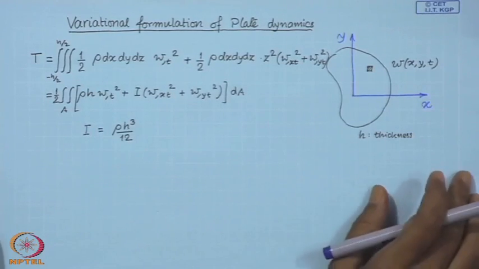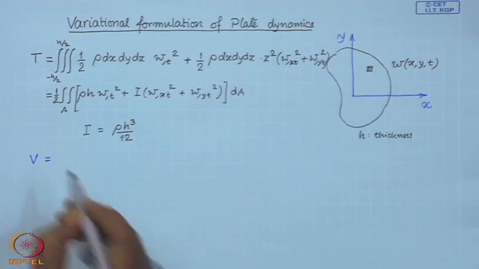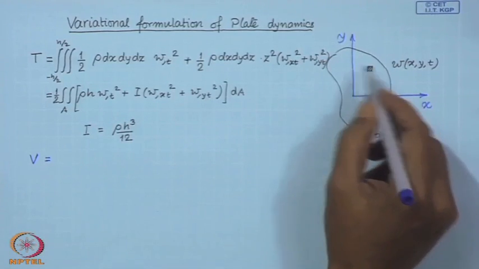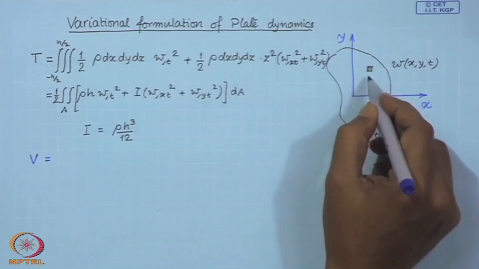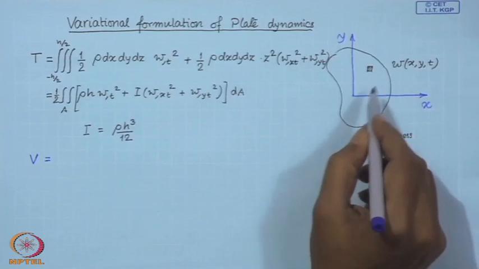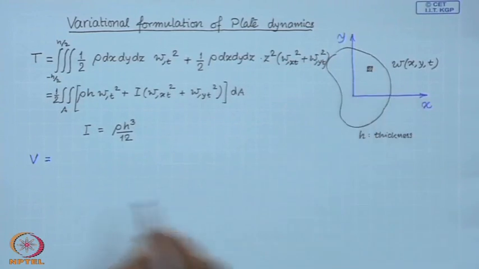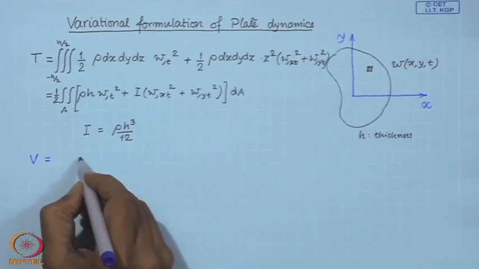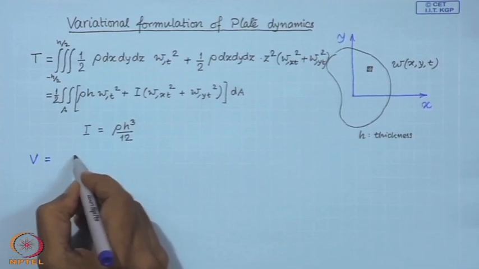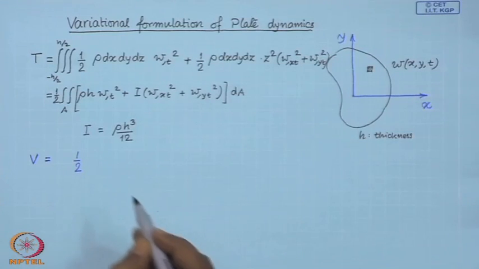Next, we will write down the potential energy expression. Now, we have considered that this little element is subjected to in plane stresses. So, the strain energy stored because of the deformation is given by half times stress times the strain.